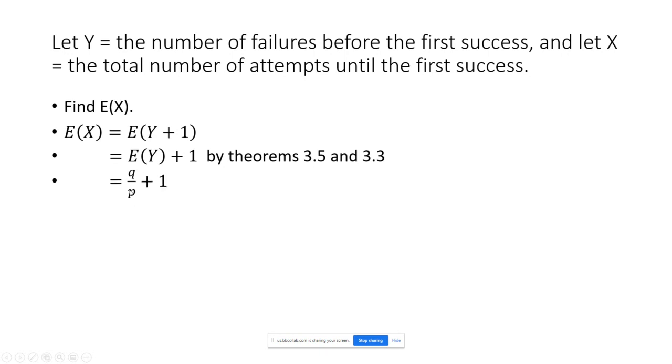Then we can plug in q over p. We know that's the expected value of y. So the expected value of x, getting a common denominator, is q plus p over p.